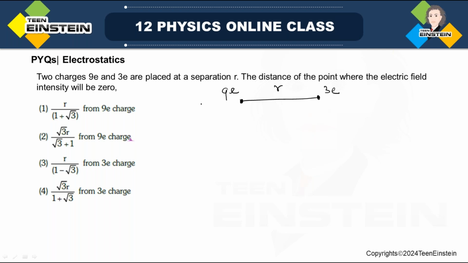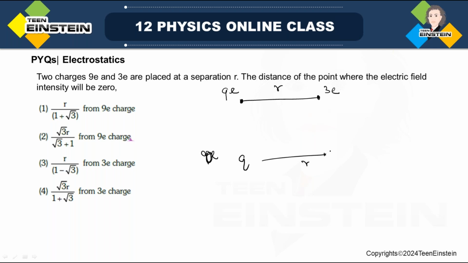So in between them there should be a point where the electric field intensity will be 0. See, how do we define electric field intensity? Suppose I want to define electric field intensity for some charge q at a distance r.